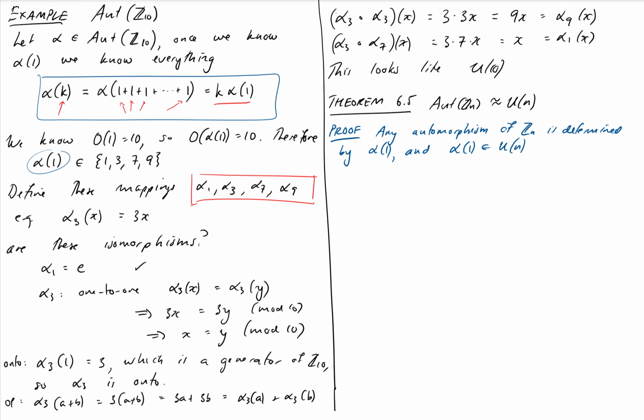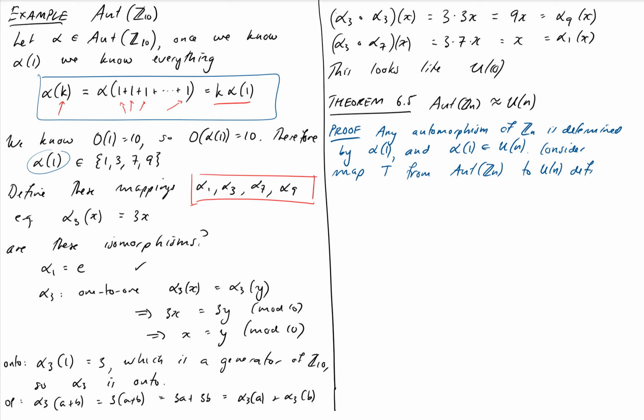Okay, now to show that the automorphism group and U of n are isomorphic, we need a map between the automorphism group of Zn and U of n. So let T be this mapping. Consider our map T from the automorphism group of Zn to U of n.